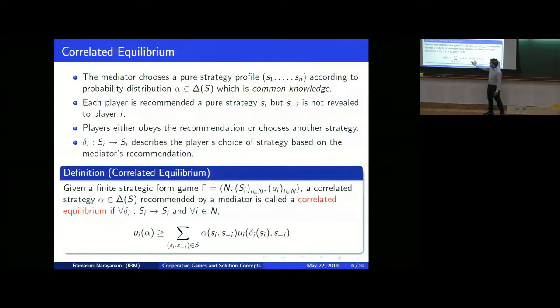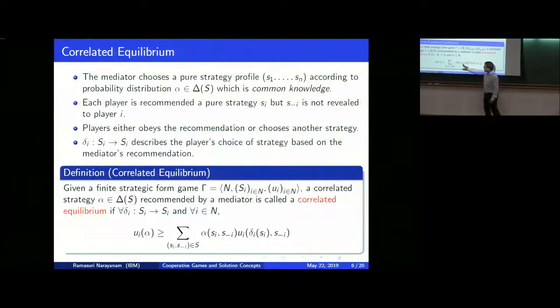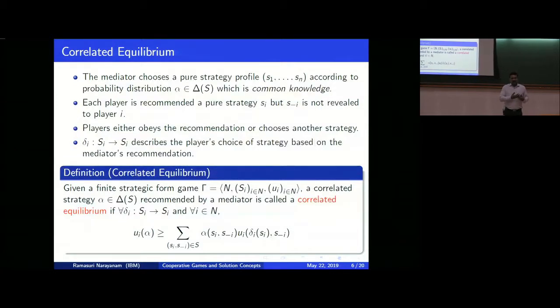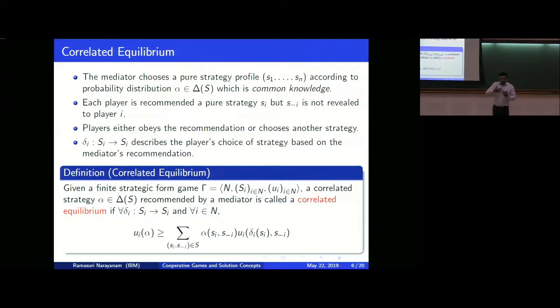This is nothing but, if alpha is the probability distribution over all possible strategy profiles, this is the corresponding probability, and Ui of S minus i and Si, but we have this function delta i. Delta i of Si is the mapping that the ith player uses either to select his own strategy or the strategy prescribed by the mediator.